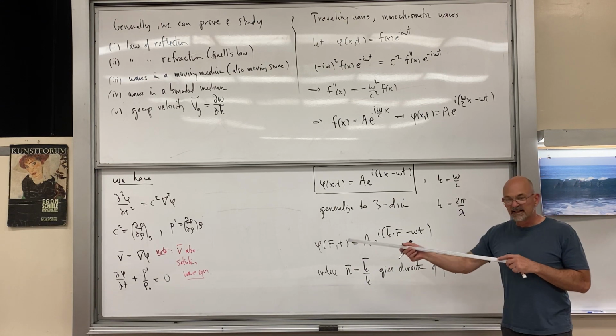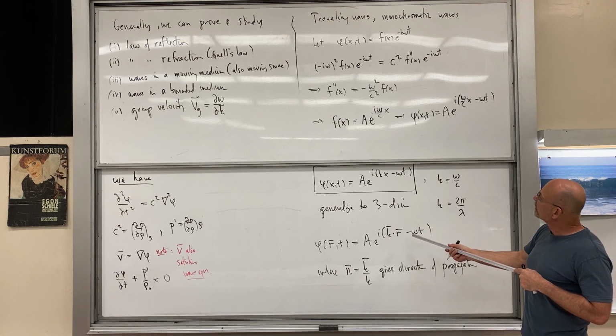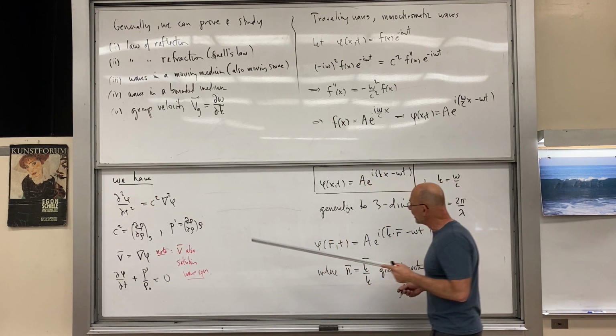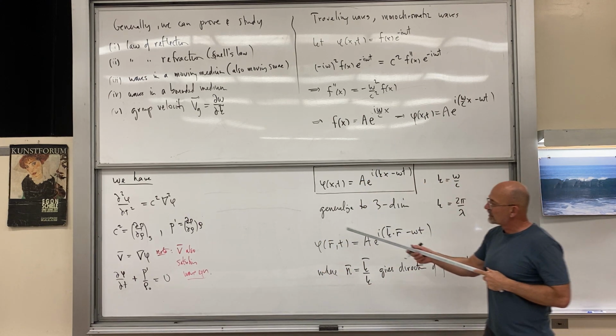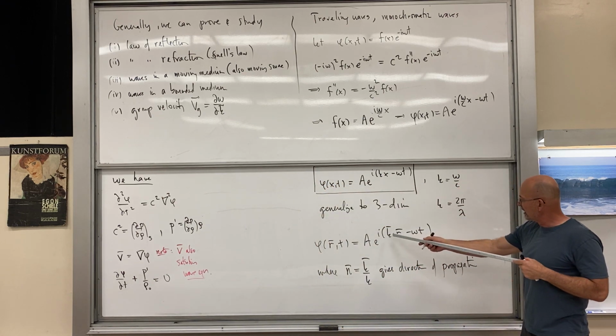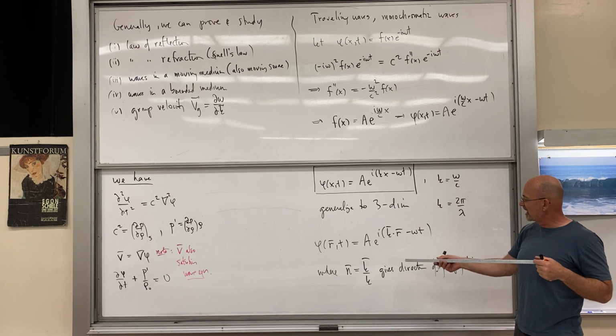And this is all completely consistent and easy to see, because if we go back into our wave equation with the del squared, first of all, the time derivatives are still going to bring out just minus omega squared, right? Time derivatives are not going to be any change.